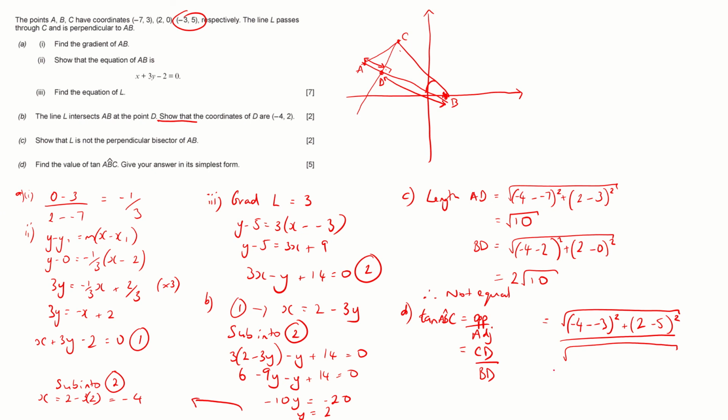Length of BD. Oh, don't need to work that one out, do we? Of course not. We worked it out in the last bit of the question. So that's going to be 2 root 10 on the bottom. So on the top, I think it's root 10 on the top, over 2 root 10, and it wants it in its simplest form. Cancel out, cancel out. You're left with 1 on the top and 2 on the bottom, so a half. Okay.